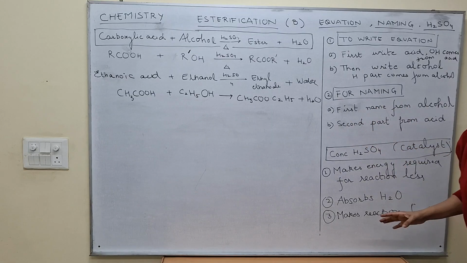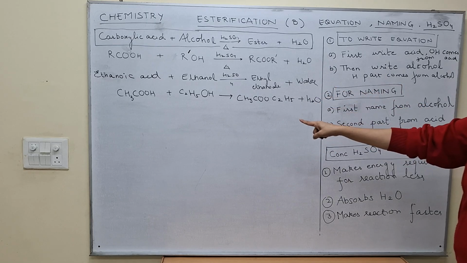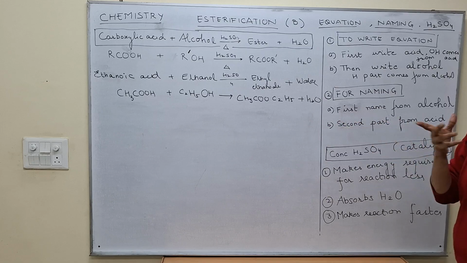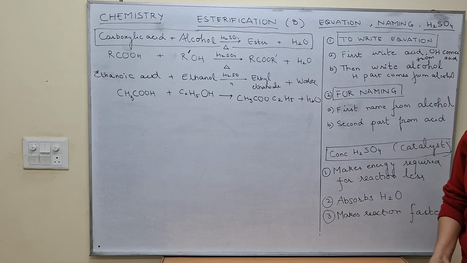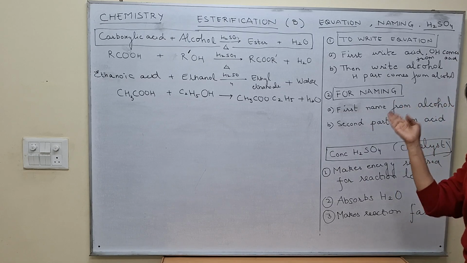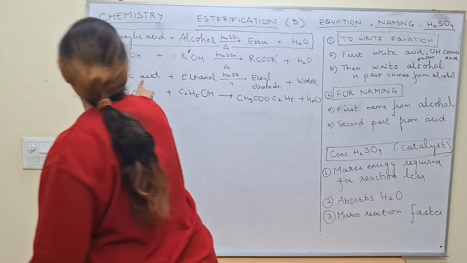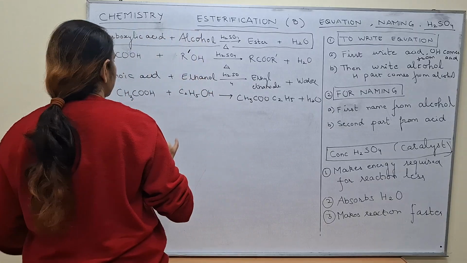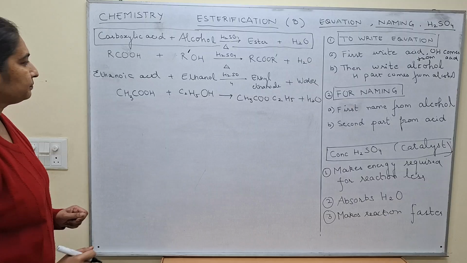Now this is उल्टा. हमने पहले एसिड लिखा, फिर अल्कोहल लिखा, right? But naming के time we reverse the order. First we name it as per alcohol, फिर हम acid का नाम लिखते, just the reverse. First we write acid and then alcohol. In naming we'll first write alcohol.